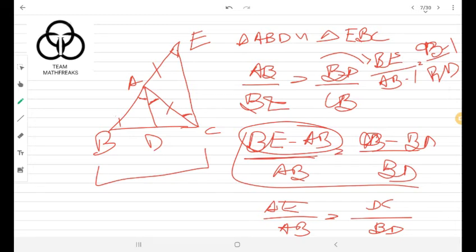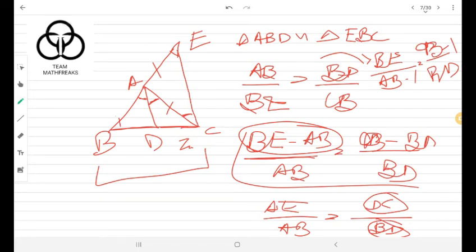AE, CD, BD, you just see CD, BD, I just repeat, CD BD, the ratio of these two segments equals AE.